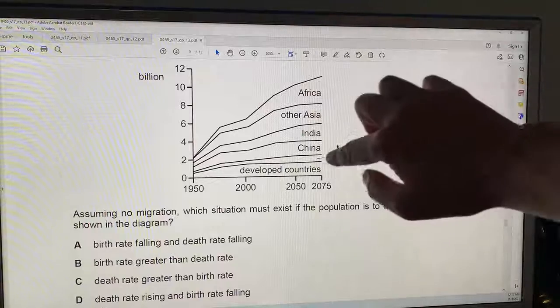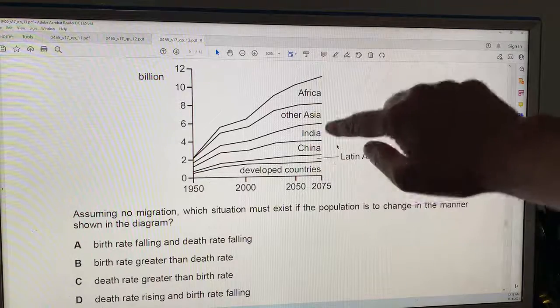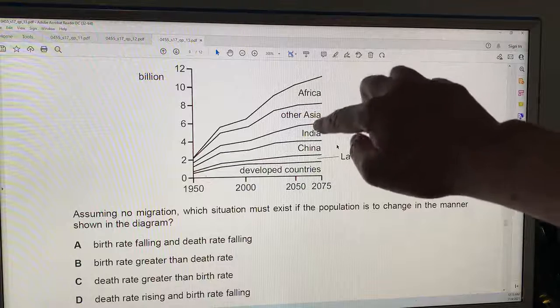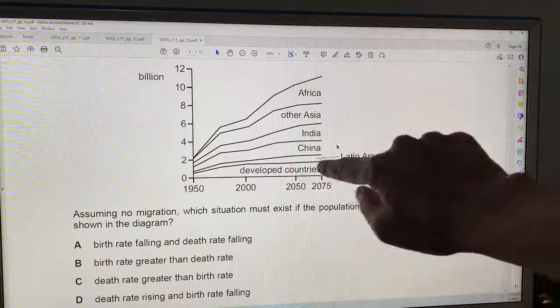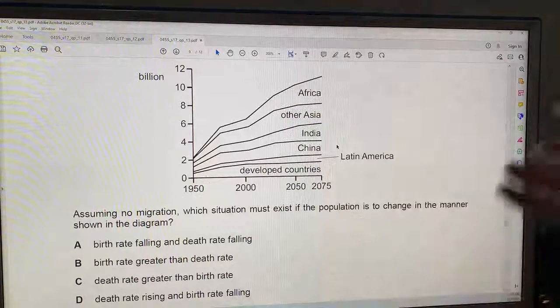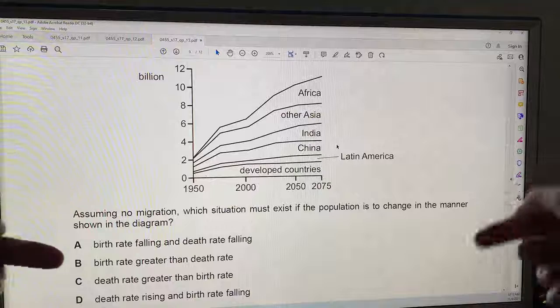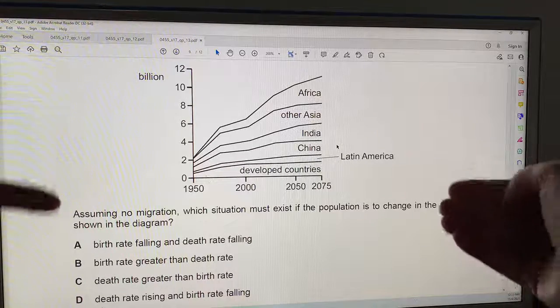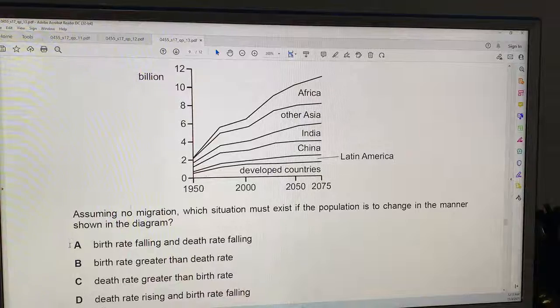What is the manner shown in the diagram? Populations are generally increasing, especially in Africa, but population is generally increasing except maybe developed countries. So I'll say something must increase the population. So let's look at the answers.